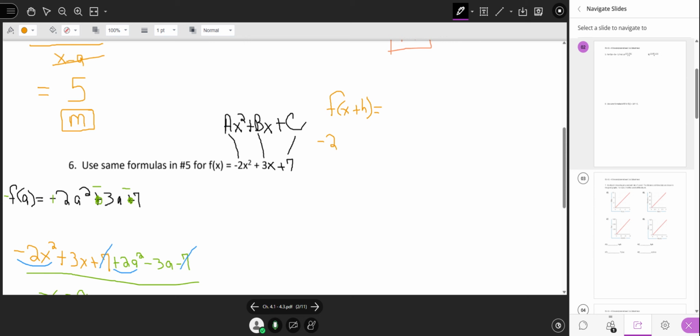Now, when we square something, we take it times itself. So let's just start that right up front. Plus 3 plus 7. X plus h, x plus h, x plus h.